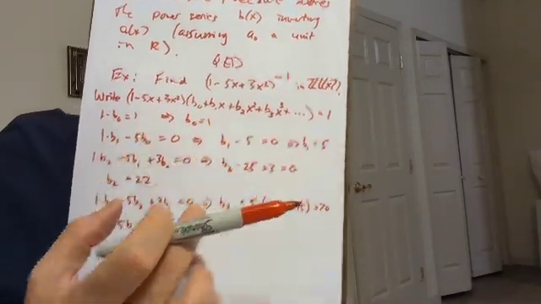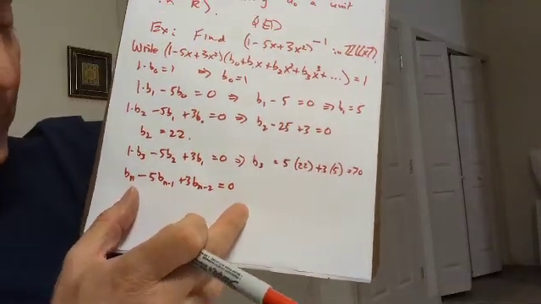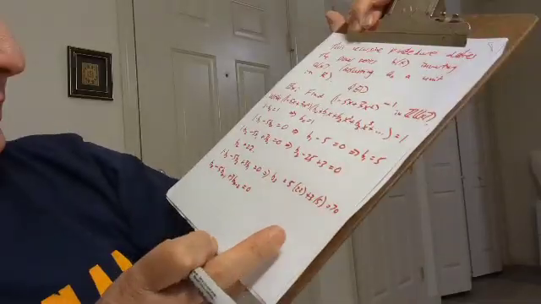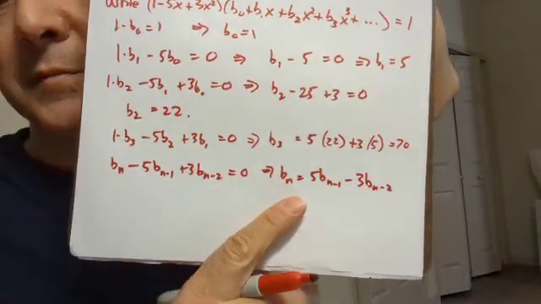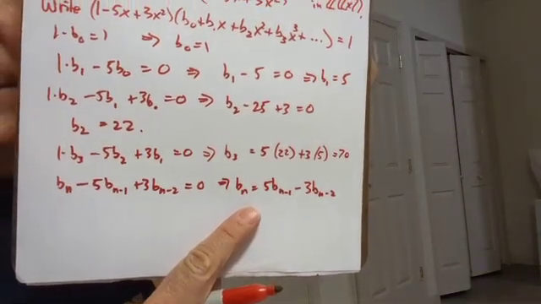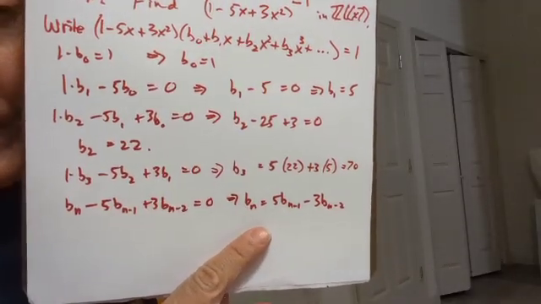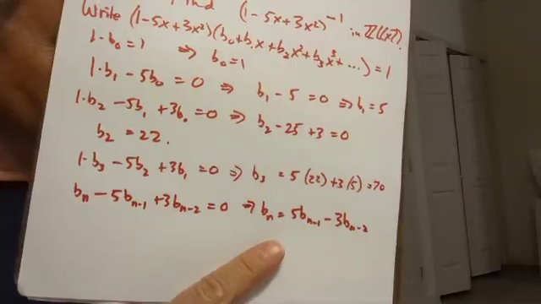Those 3 ways to get x to the n are going to give us these 3 products of coefficients. So I guess in general, if we solve that for Bn, we've got Bn equals 5Bn minus 1 minus 3Bn minus 2. So this is a recursive formula for what Bn is. And again, it comes from looking at the coefficient of x to the n on both sides.